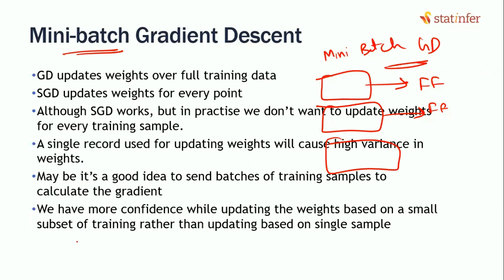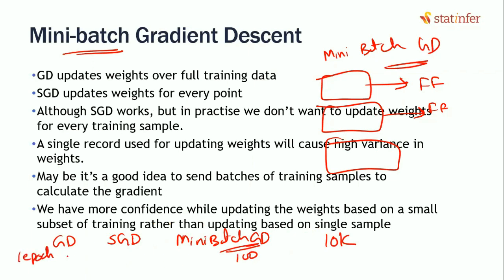Now answer this question. In gradient descent, stochastic gradient descent, and mini batch gradient descent, imagine there are 10,000 records and mini batch size is, let's say, 100. Now, one epoch will have how many iterations in gradient descent?